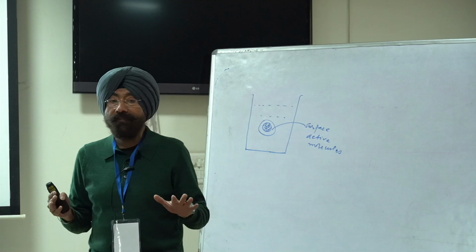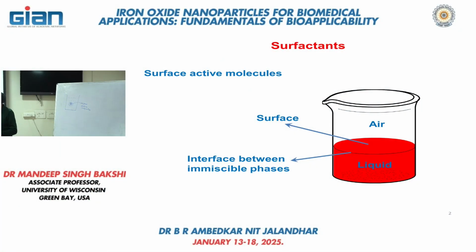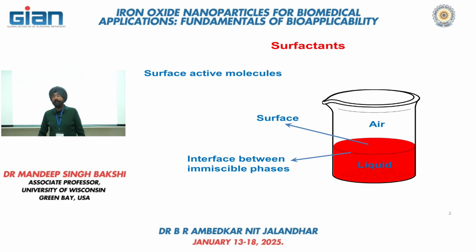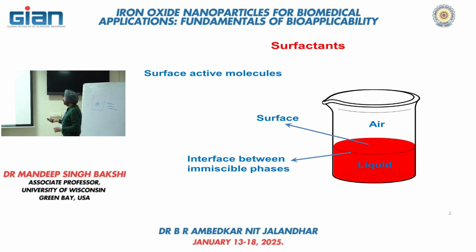What is the meaning of a surface? Suppose somebody asks you in terminology, this surface is the interface between the solid substance and the gaseous environment. In exactly the same way, wherever there is an interface, but in fact, this is the interface between the immiscible phases.